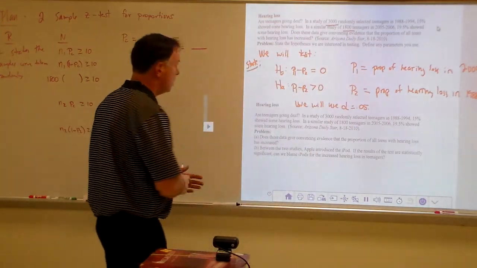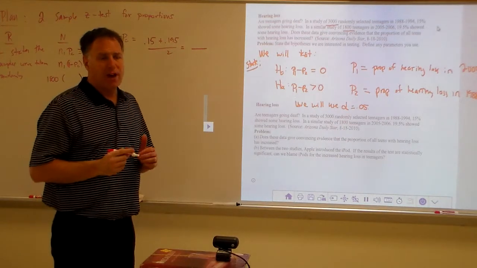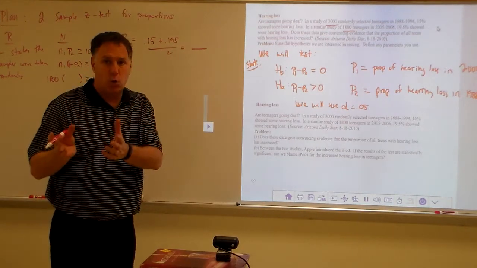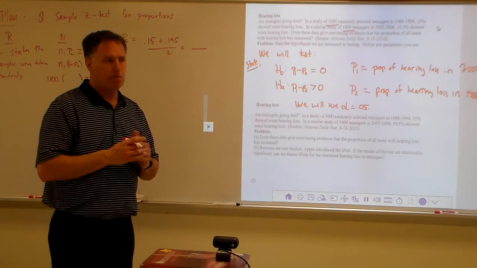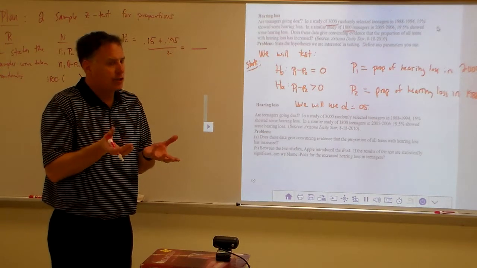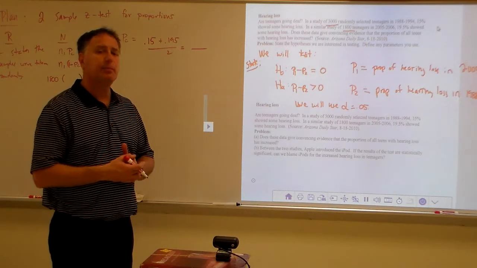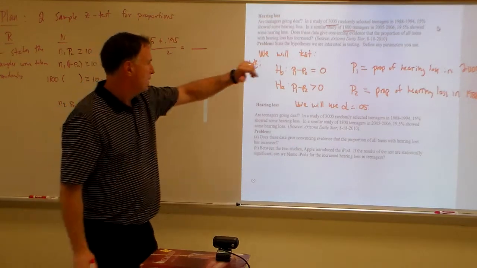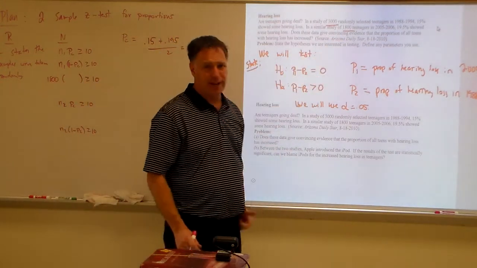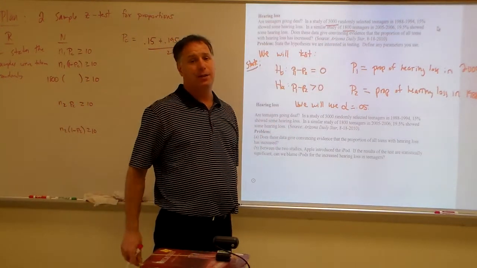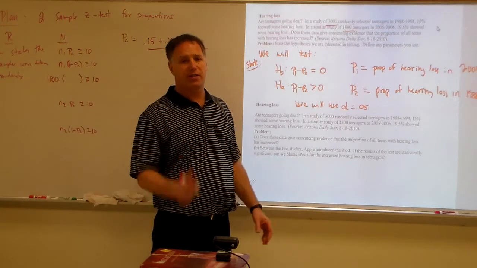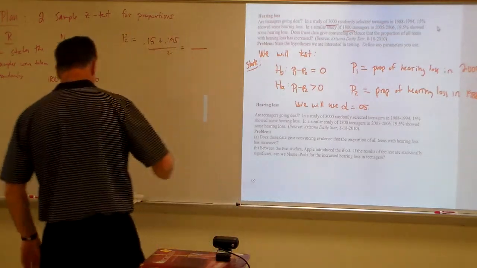So if I'm averaging 10% and 20%, right? You would think the average is going to be in the middle, 15%. However, when the sample sizes are different and you're combining these, we can't just add the proportions. This is what we have to do, okay?